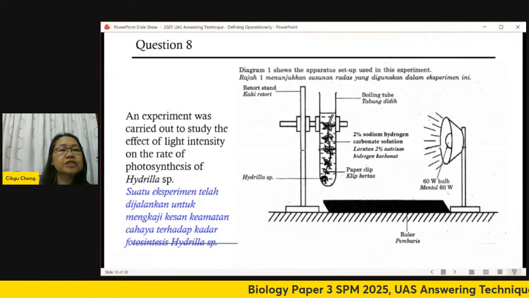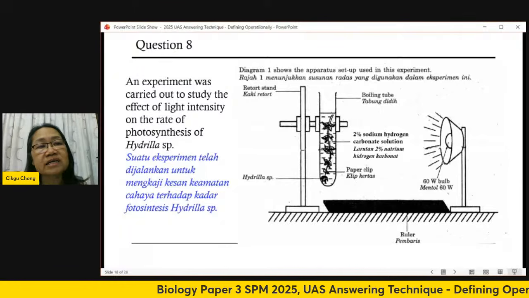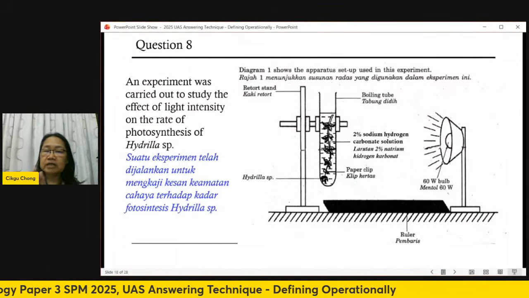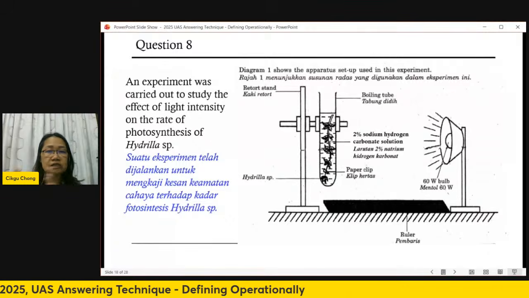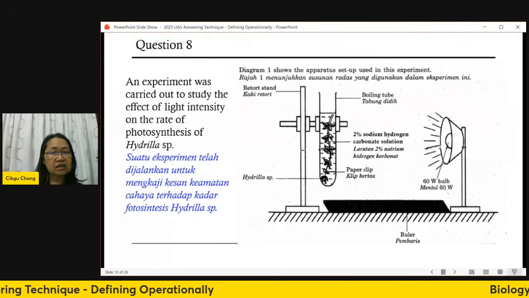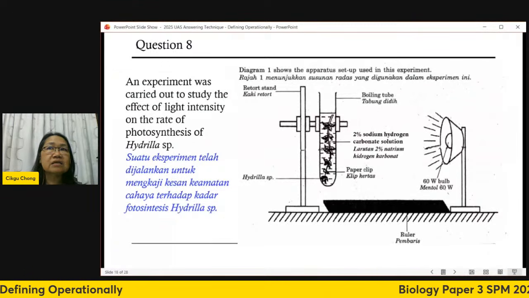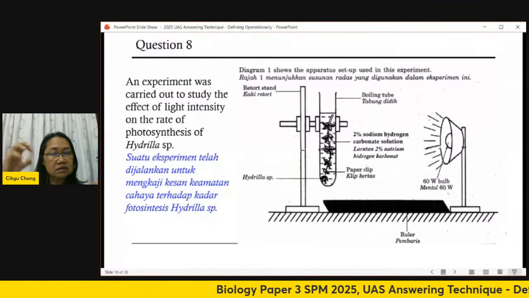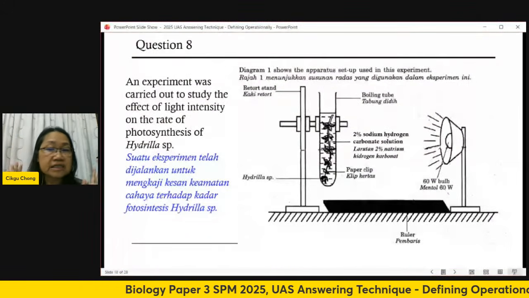Now what's the question? An experiment was carried out to study the effect of light intensity. You can see the bulb there, and it's affected by the distance. We use the ruler here to show the distance. The further you put your light, the lower the light intensity. The nearer you put the bulb, the higher the light intensity.